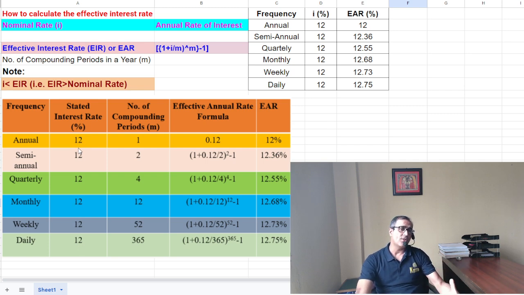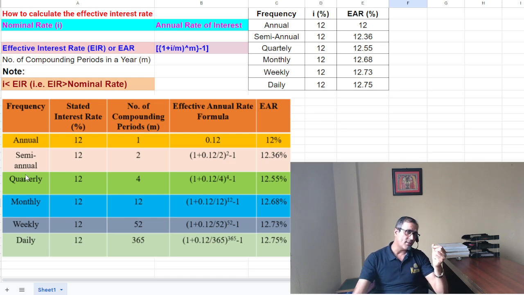Now if this is the annual case, that means there will be just one payment within a year. So the number of compounding periods is 1. In this case, even though you could use this formula, you will have just 0.12, that is 12%. Now what about the semi-annual case, friends?